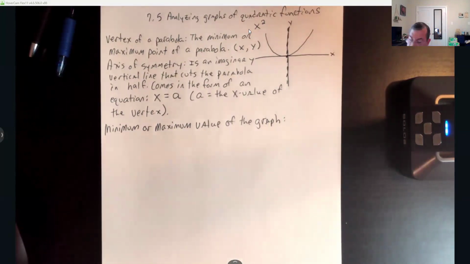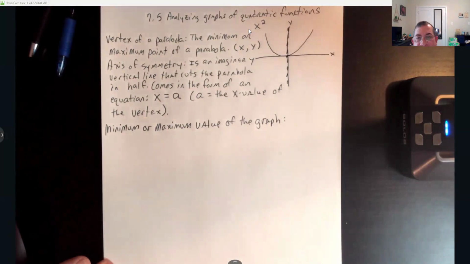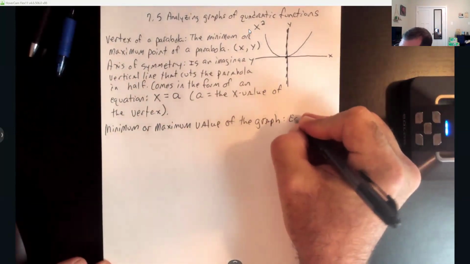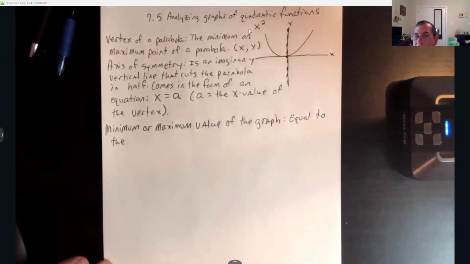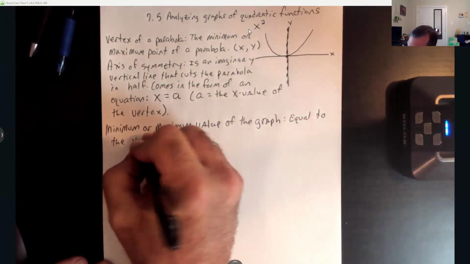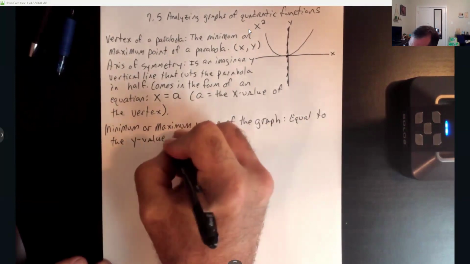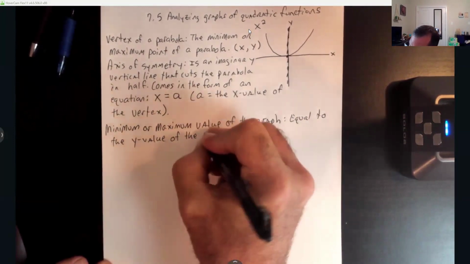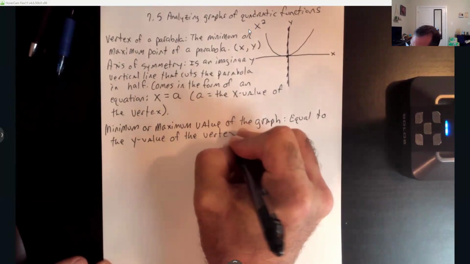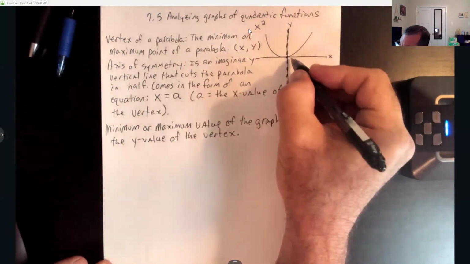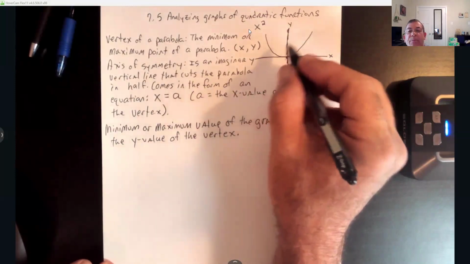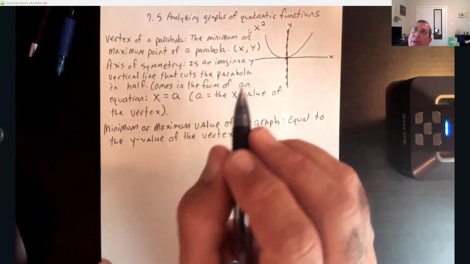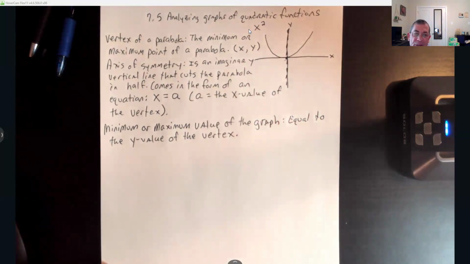So this minimum or maximum value is equal to the y value of the vertex. And that makes sense, y'all. So these y values would be the minimum y values. Like I said, if it was flipped over, it would be the maximum y values you had.